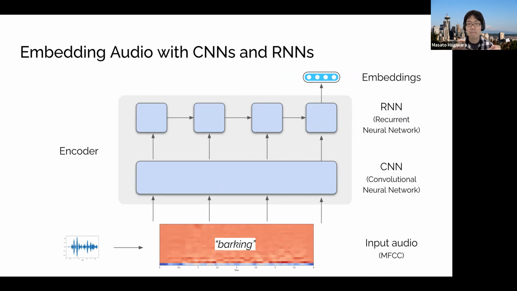And even after you convert this to this feature representation, you still have tens or even hundreds of values per second, which is a lot of values, especially for RNNs, because RNNs have to go over the input one by one, one at a time step.